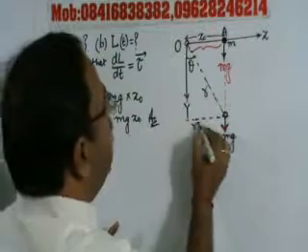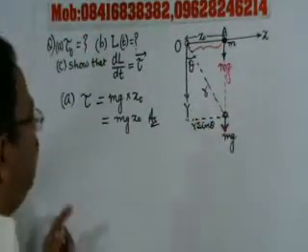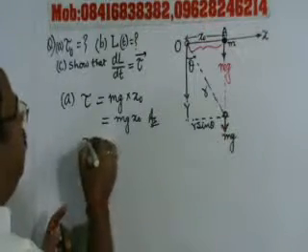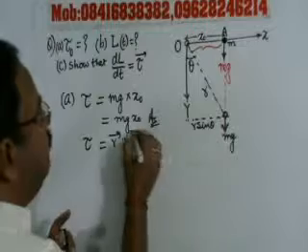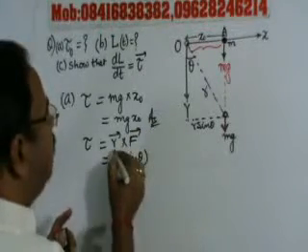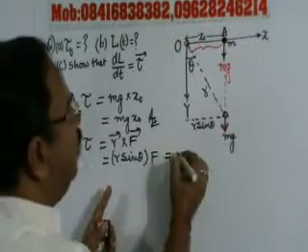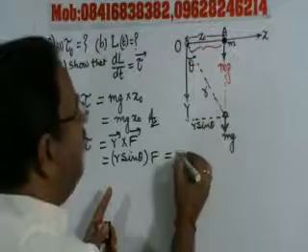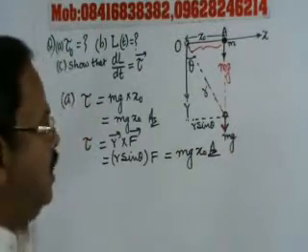This will be r sin theta, and r sin theta is equal to x naught. So the second method is that tau is equal to r cross F, which is r sin theta into F. Again, r sin theta is always x naught and F is mg, so it is mg into x naught. This will be the answer to the problem.